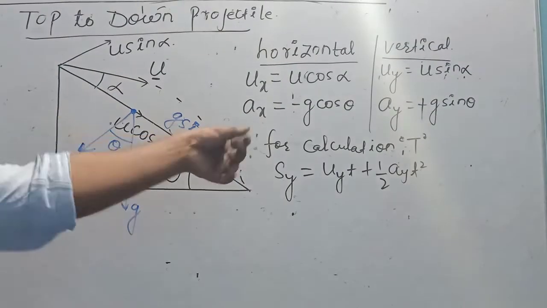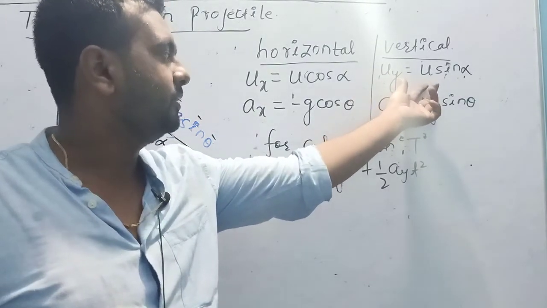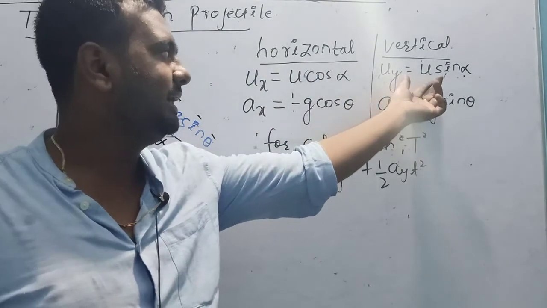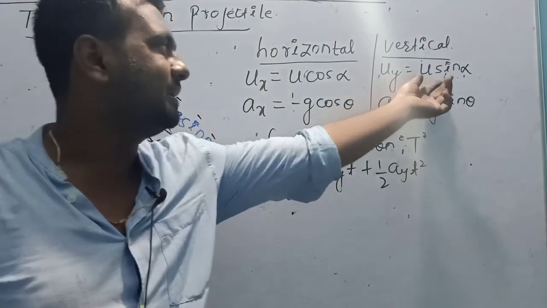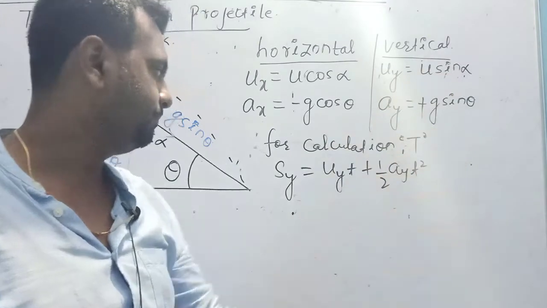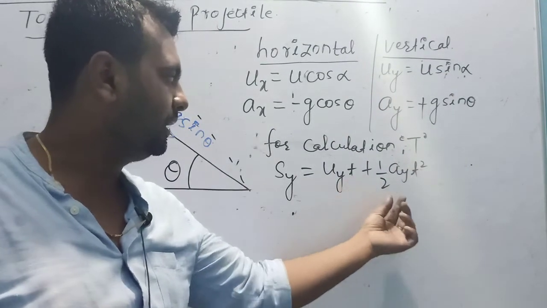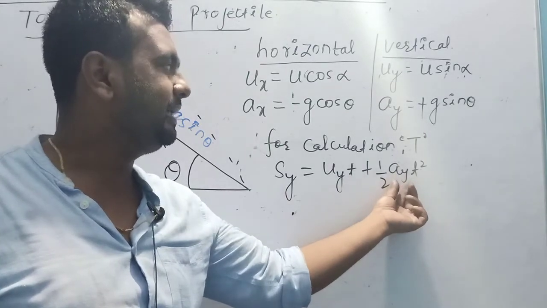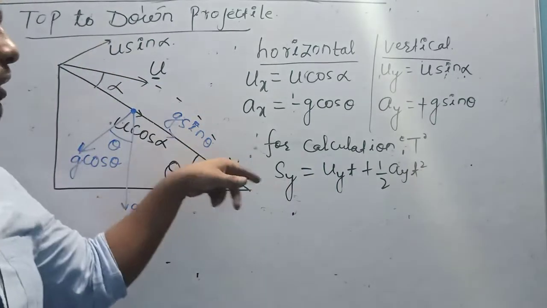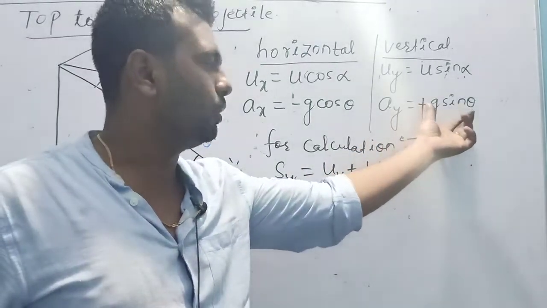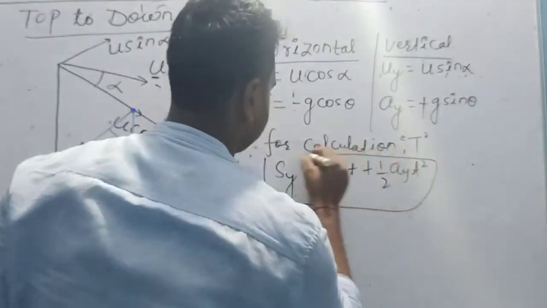Observe one thing, y component of initial velocity in top to down and y component of initial velocity in down to top are same. There is no change. Acceleration due to gravity, y component is plus g sin theta in top to down, and in down to top it is also plus g sin theta. So time of flight is same.